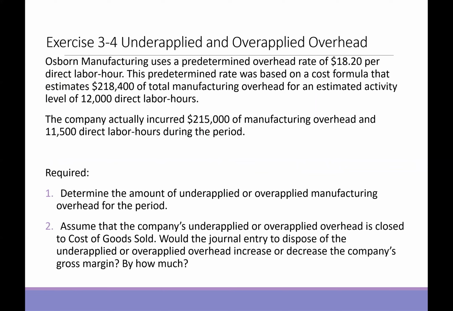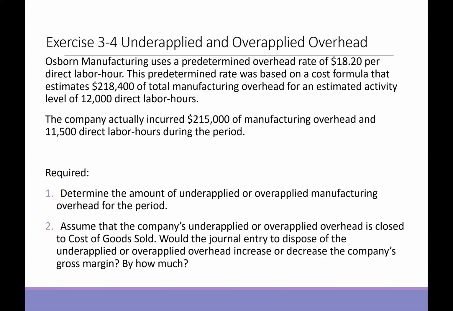So again, by under or over applying, in this case, we had a rate of 18.20 per direct labor hour. So we estimated 12,000 labor hours with 218,000, but we actually had 215,000 costs, but less hours.